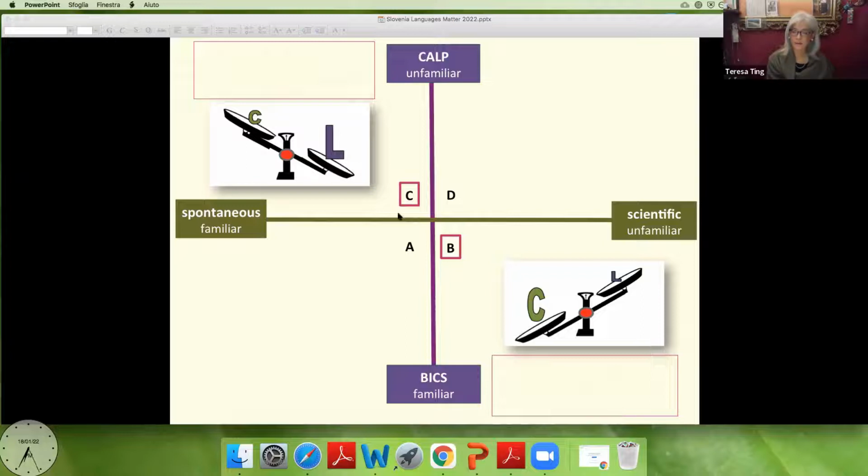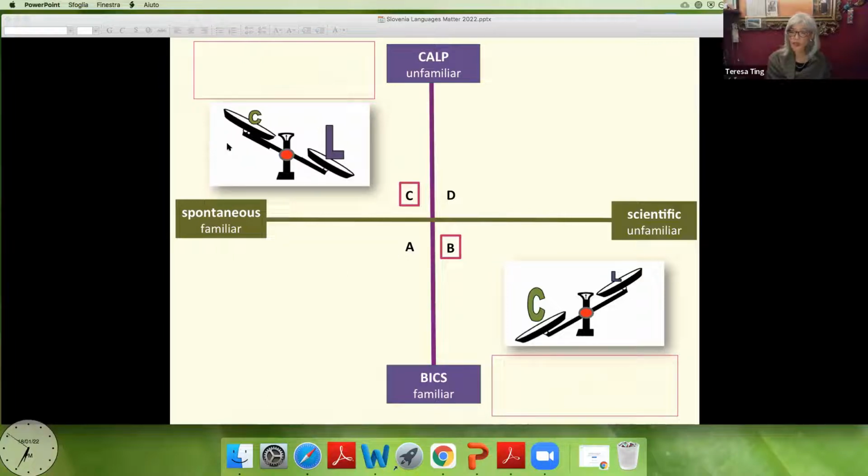Here, quadrant B, concepts are very new, unfamiliar, so cognitively demanding, but language is familiar, so cognitively not demanding. So look how it counterbalances. So it doesn't stress this very weak joint.